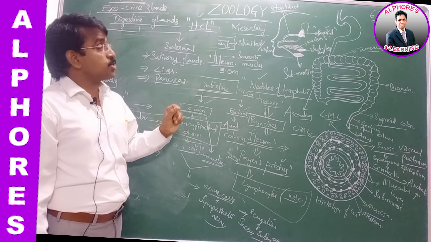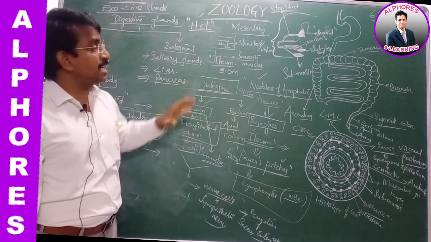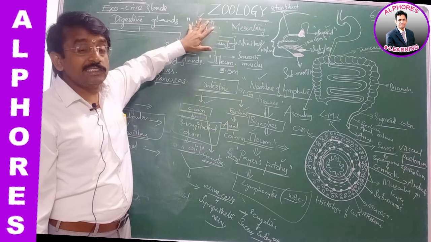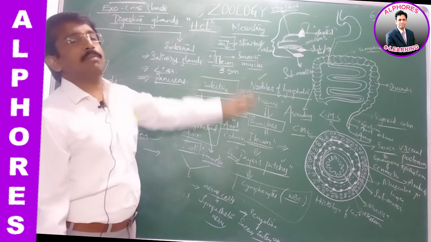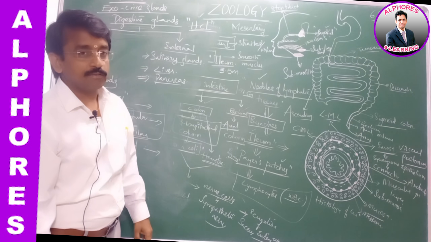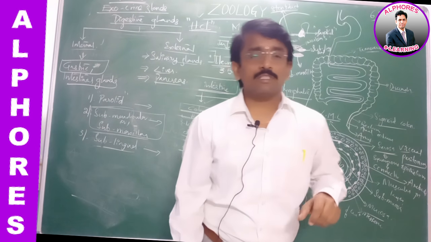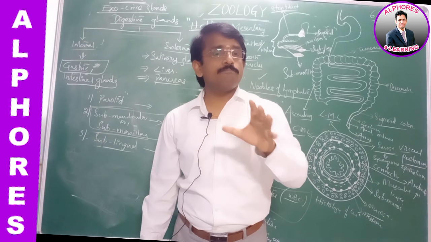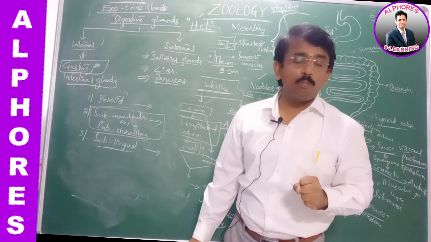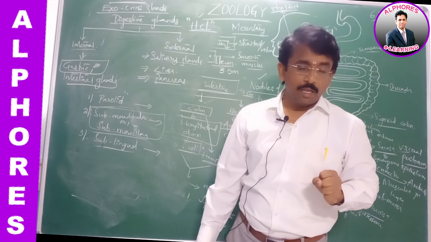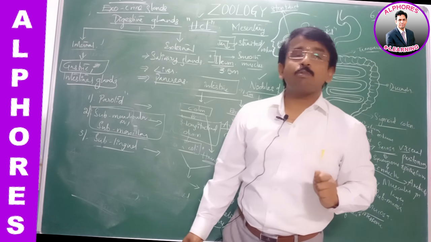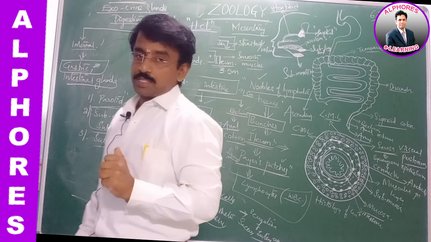Proteins are digested in the acidic condition. That's the reason why it is an enzyme activator, and thereby the proteins are digested. Next, calcium intrinsic factor is responsible for absorption of vitamin B12, cyanocobalamin. Next, mucus cells are what? Secreting the mucus.